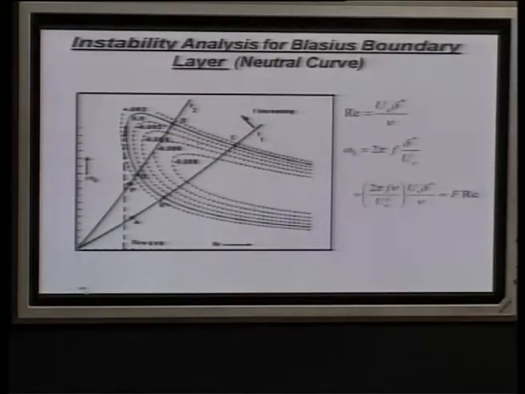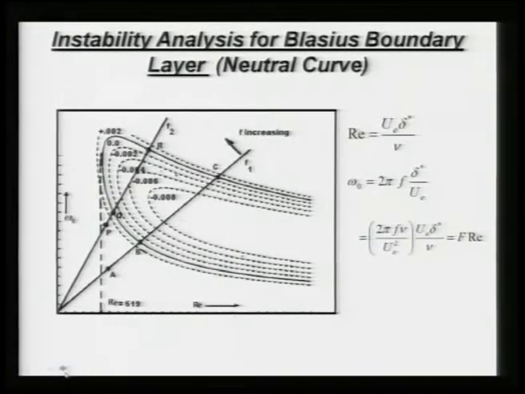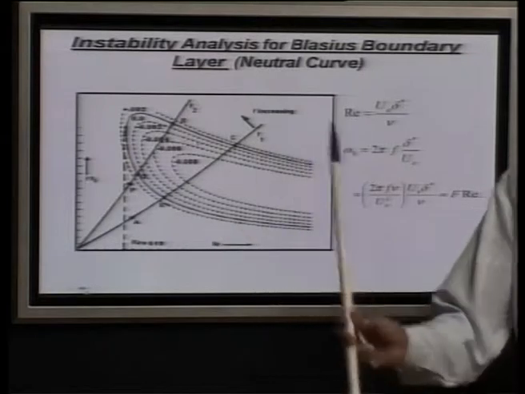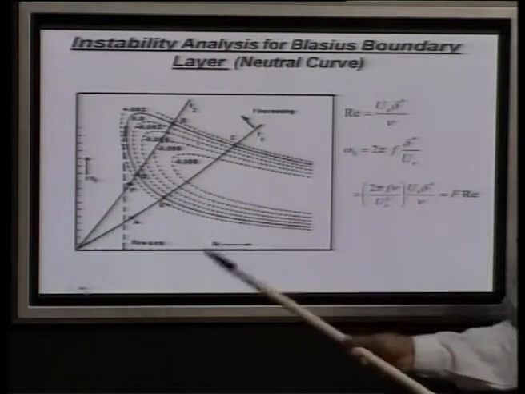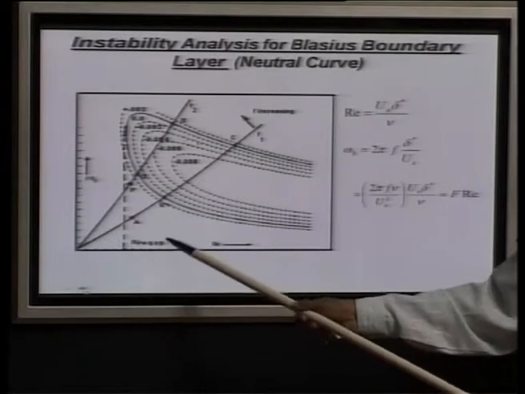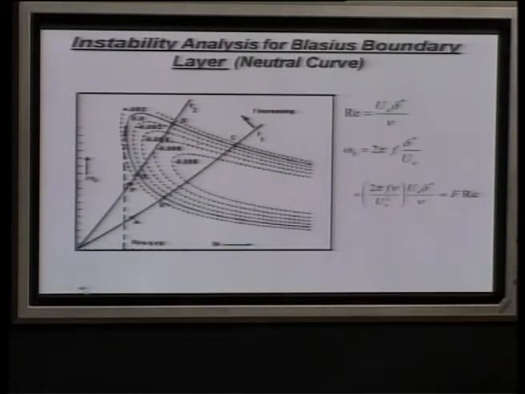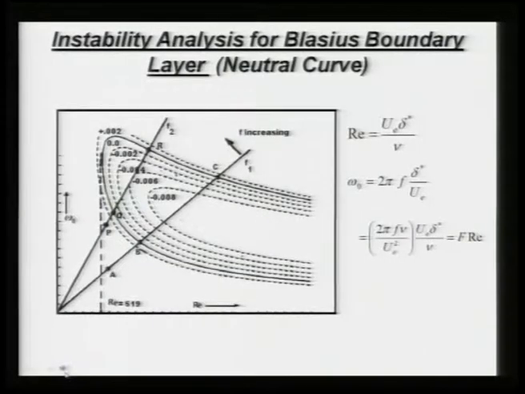That particular Reynolds number is the critical Reynolds number, because below that critical Reynolds number everything is stable according to this parallel flow theory, linear theory of spatial instability. So, remember that this is roughly around 519 for the Blasius profile, and this is what we should keep in mind.